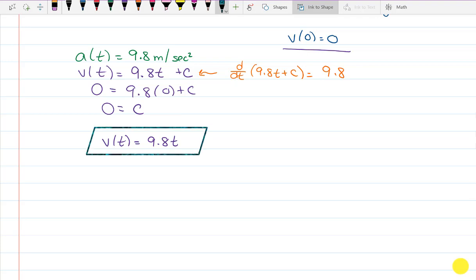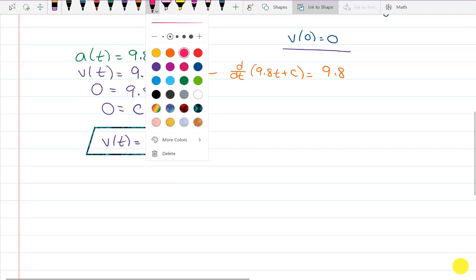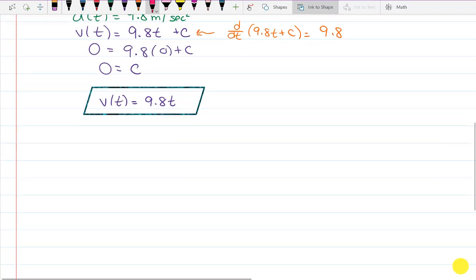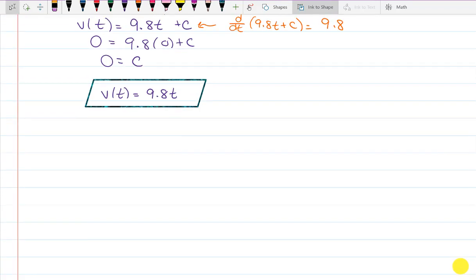There's our velocity function. But now I want to be able to find the position function. So in order to find the position function, I need to remember how position and velocity are related. So s of t is position, and s prime of t is velocity. So if you want to go backwards, we need to take the antiderivative.